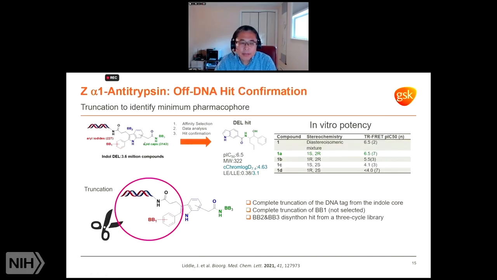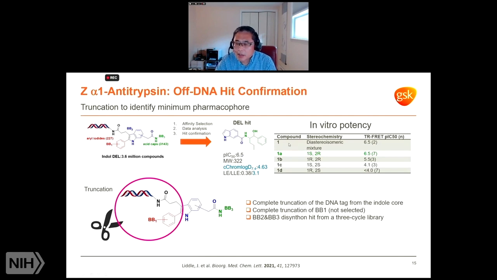Again, on-DNA hits was identified from the Indo library, 3.6 million compounds, and the BB1 was not selected. In this case, also when we made the off-DNA compounds, the BB1 as well as the DNA linker and the DNA tag was cleaved and generate this small molecule compounds, which shows very good potency and good ligand efficiency here.